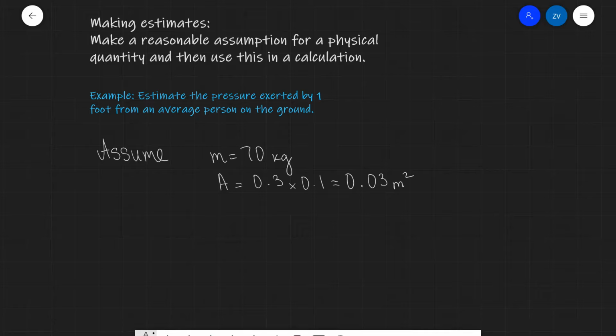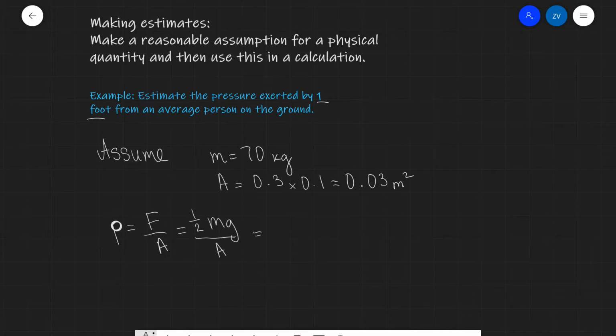Okay, well, let's calculate the pressure. So pressure is force over area. The only force acting in this case is mg, and because it's the pressure exerted by 1 foot, I am going to take half of that value. So half mg, because once again we are only estimating the pressure exerted by 1 foot only, divided by the area. Let's plug in the numbers in the next step.